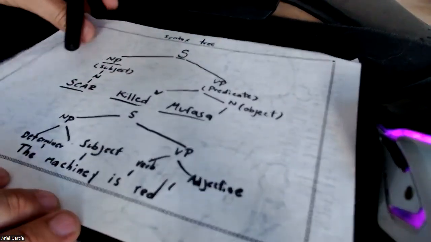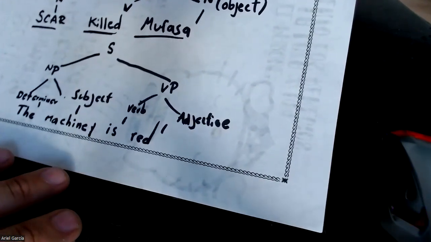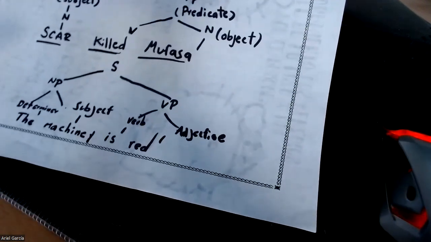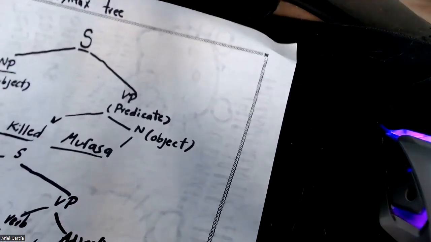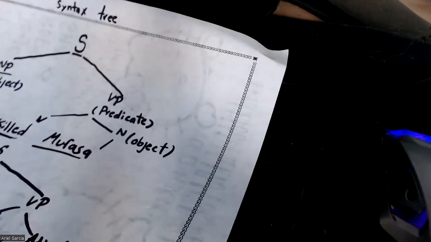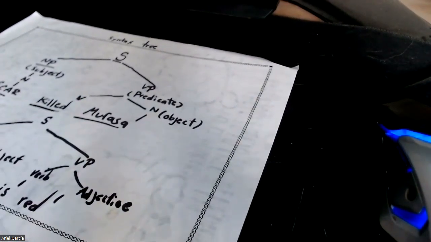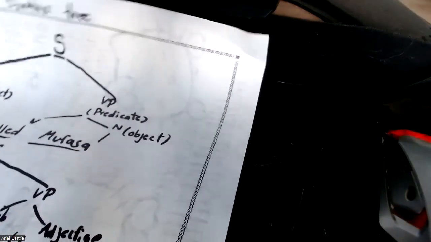Okay, so I know it sounds a little bit complicated because we need to know a few terms. We are going to go deeper into this because it is very important to understand what the syntax tree is. I'm going to give you three example sentences, and you are going to create syntax trees for them on a piece of paper.